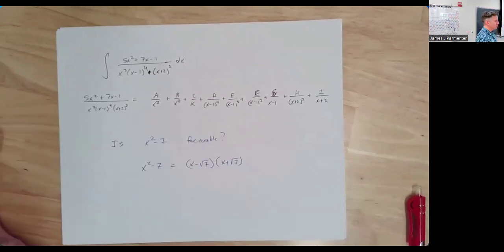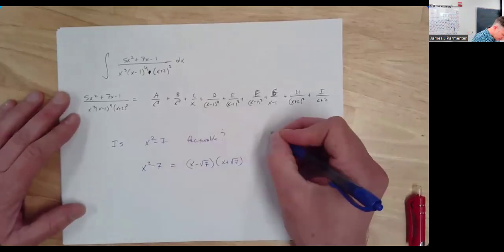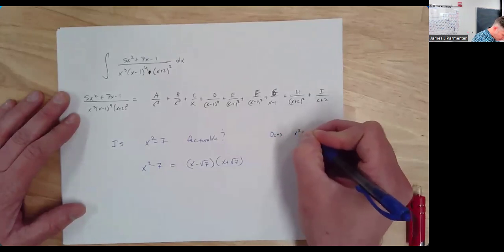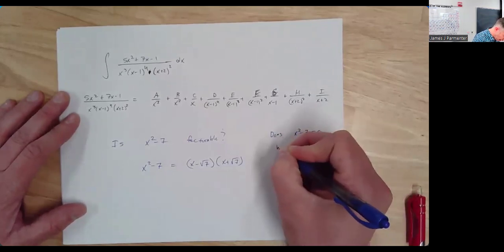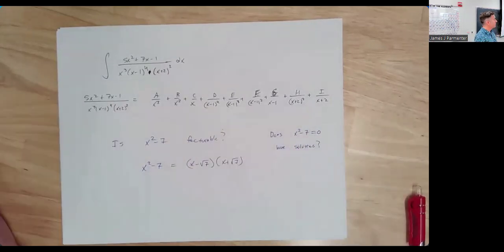So the better question, instead of asking if something is factorable, is: does it have zeros or solutions or roots? Does x squared minus 7 equal to 0 have solutions? The answer is definitely yes. We know that the square root of 7 and the negative square root of 7 are solutions to that equation.